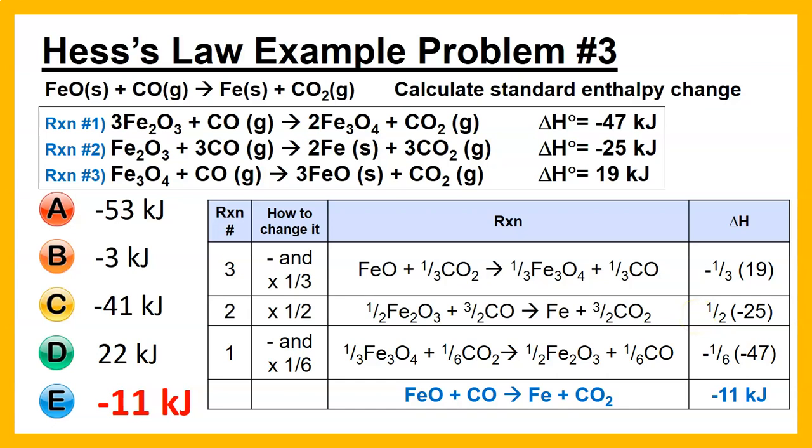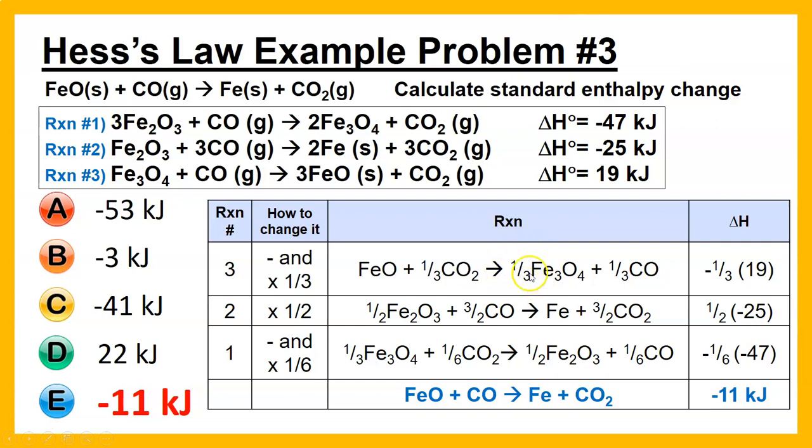Lastly, I have a big giant mess to clean up, don't I? Lots of things need to be crossed out, combined, things like that. And if I look, I have Fe3O4 over here, which needs to go away. It's not in my overall equation. So I need Fe3O4 on the left to be able to cancel those out.